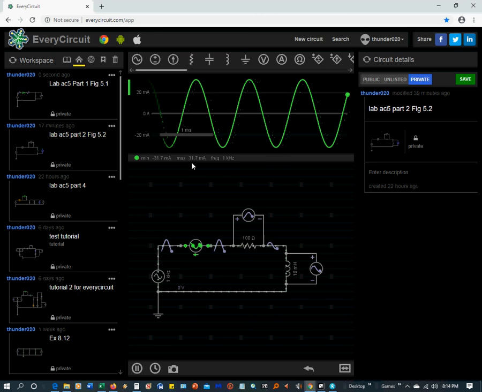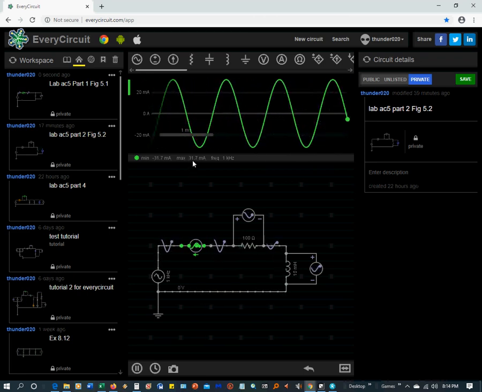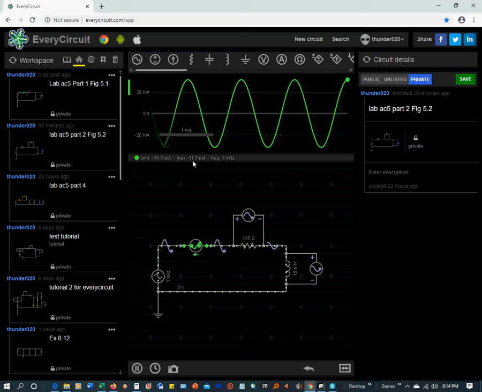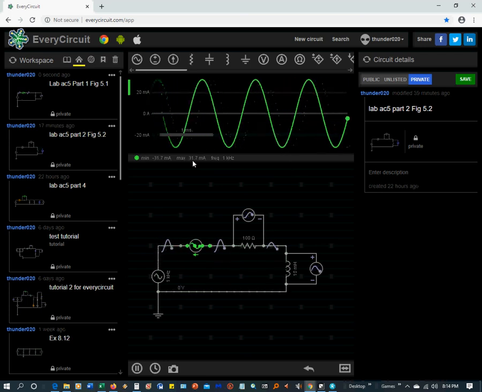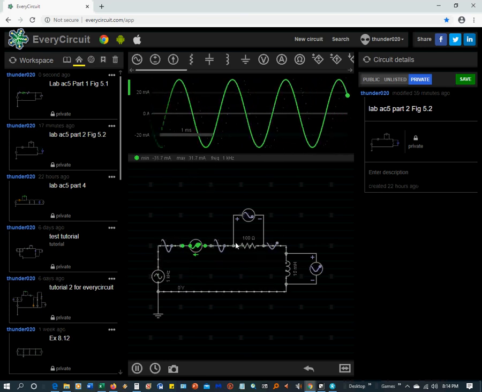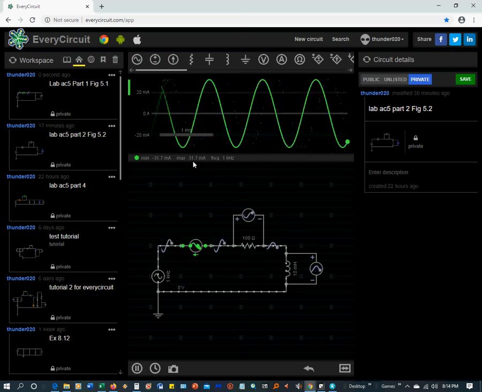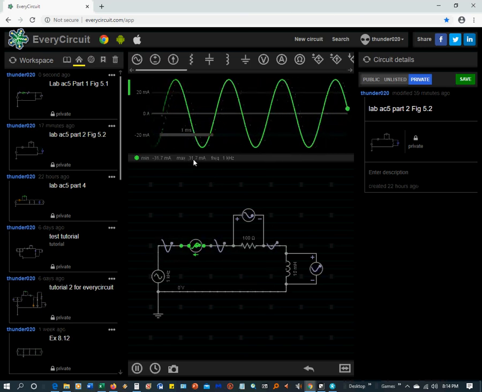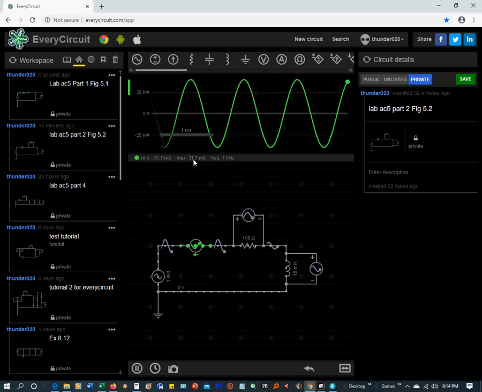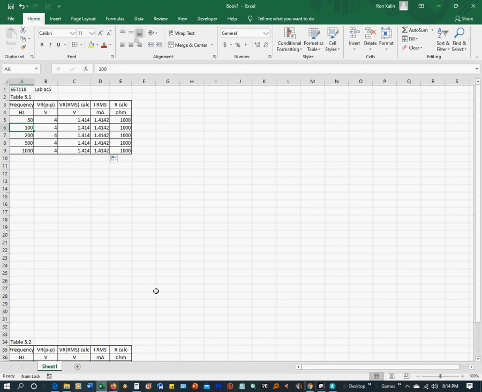So the peak to peak milliamps would be 63.4, which is 31.7 times 2. And the RMS value is going to be 31.7 divided by the square root of 2. So that's what you need to put in this table.